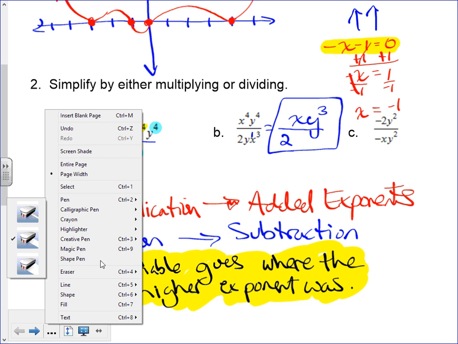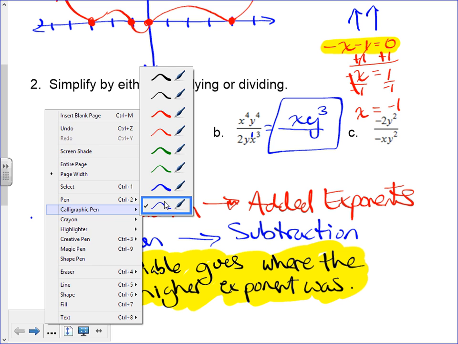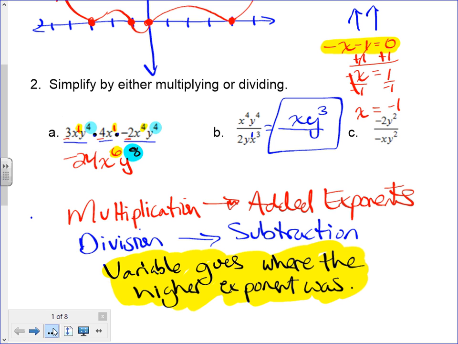Now, it'd be best to kind of centralize this 2. Yes, ma'am.